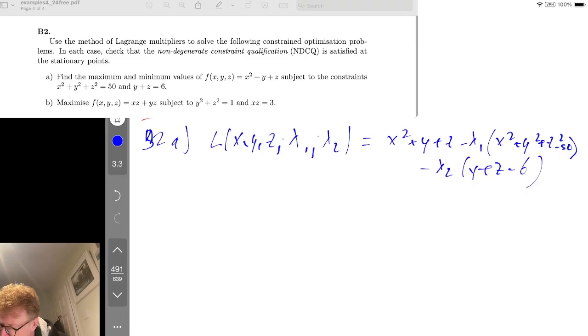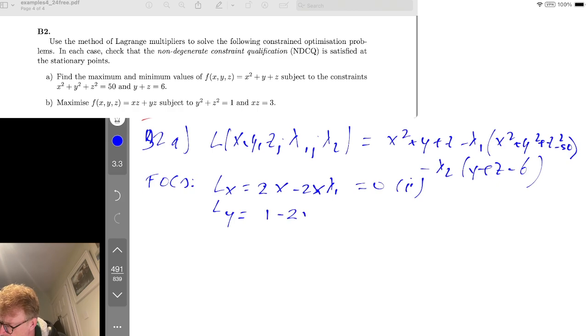So we write down the FOCs. The L derivative with respect to x is 2x minus 2x lambda 1, which is 0. That's 1. The L derivative with respect to y is 1 minus 2y lambda 1 minus lambda 2, which is 0. That gives us 2.